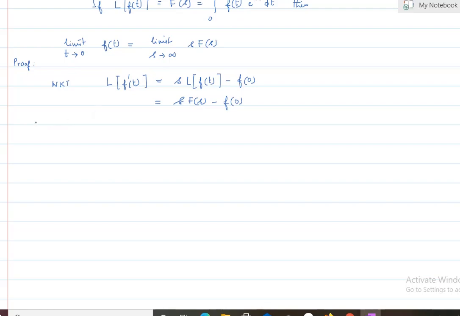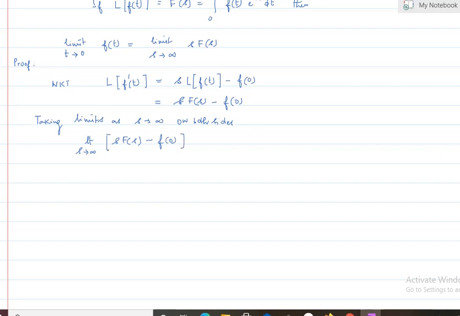So from this let us take limit. Taking limits as s tends to infinity on both sides, we have limit s tends to infinity of s into F of s minus f of 0.